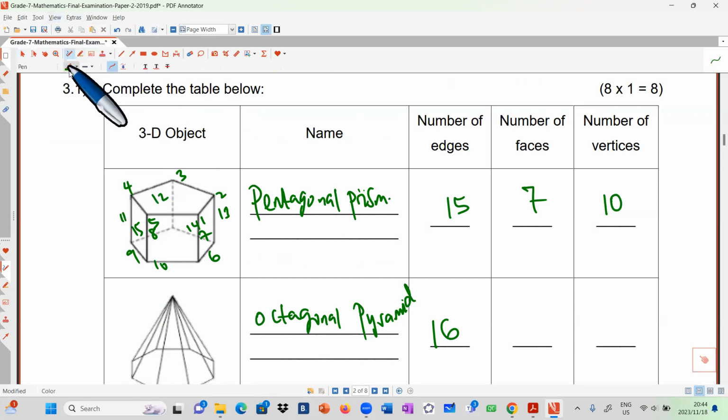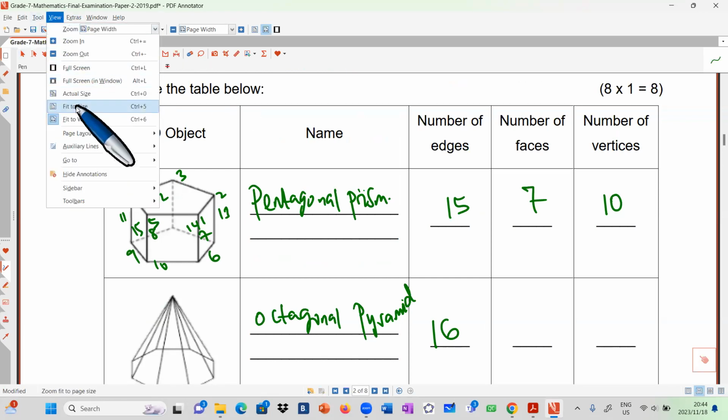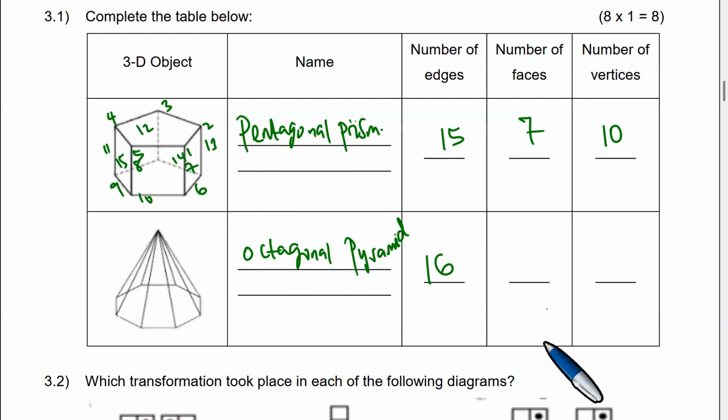So how many? How many do you think? 9 faces. Wait, no, 10 faces.